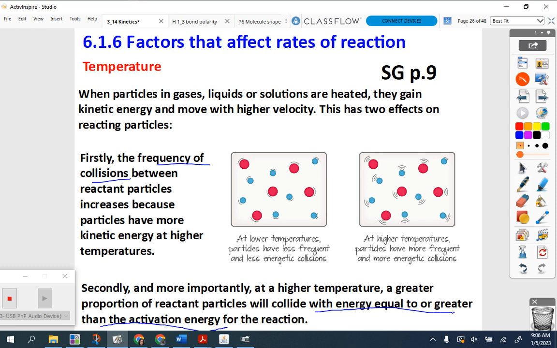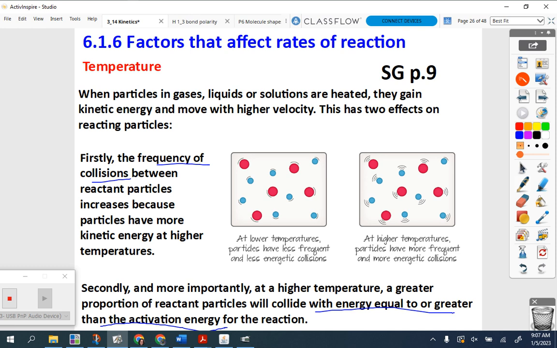Increase in the frequency of collision, increase in the effectiveness, number of effective collisions, because we're going to have more particles above the activation energy threshold. Right. Temperature is the only one that really changes two things. So that's something to be aware of.